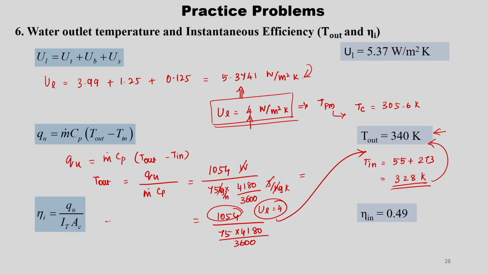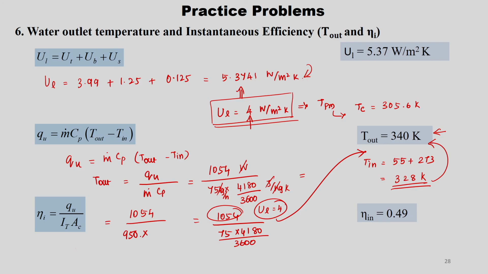And for instantaneous efficiency, again QU 1054 upon IT we calculated as 950, and AC, the details are given here in the problem, collector area, right. Length of the collector and width of the collector is given. It is not a plate area, it is a collector area, it is a gross area.